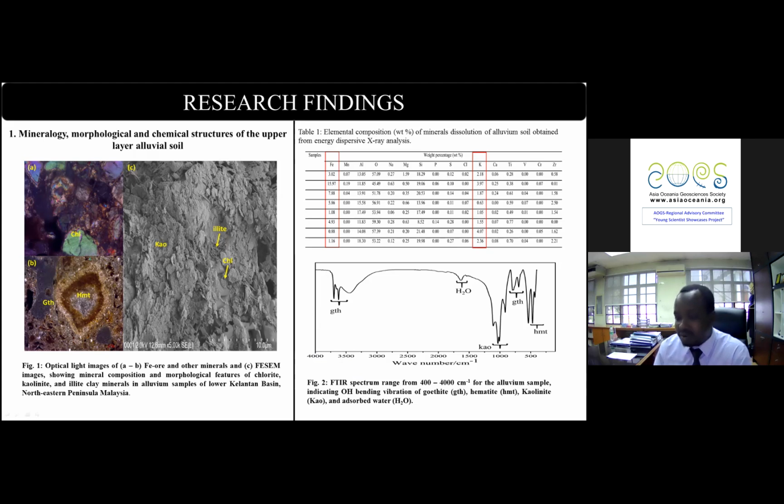Hematite characteristics were also detected at quartz-free zone, specifically within the low frequency range between 400 to 500, as indicated by two intense bending vibration. Other goethite, kaolinite, and absorbed water were also detected in all the samples.